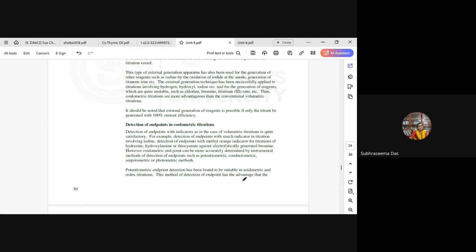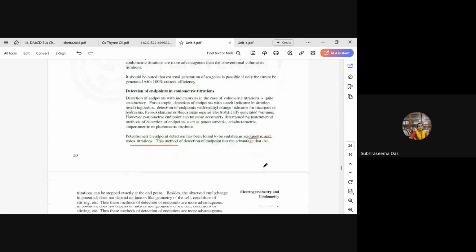Then, detection of endpoints in amperometric titrations. So here it is very easy. Detection of endpoints with starch indication in titration can be more accurately determined by coulometric, potentiometric, or conductometric methods. Here potentiometric endpoint detection has been found suitable for acidimetric and redox titrations.